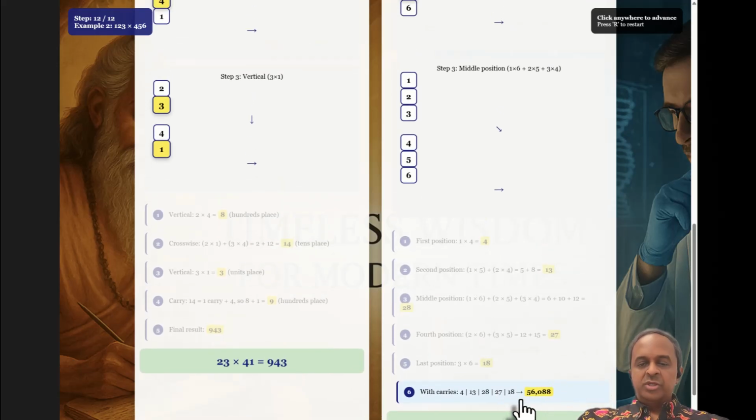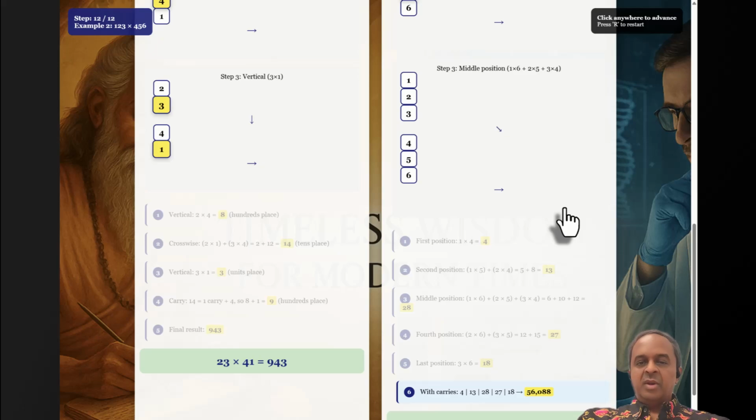So all of those 5 steps you did because you have 3-digit multiplications. You had 2 verticals, and then you have 3 crosswise in between. So that's how you get these 4, 13, 28, 27, and 18. And now you start putting them together.